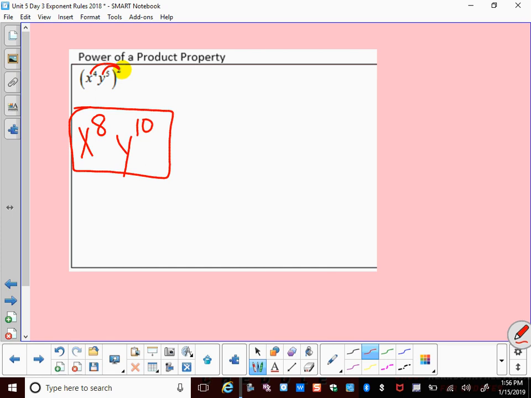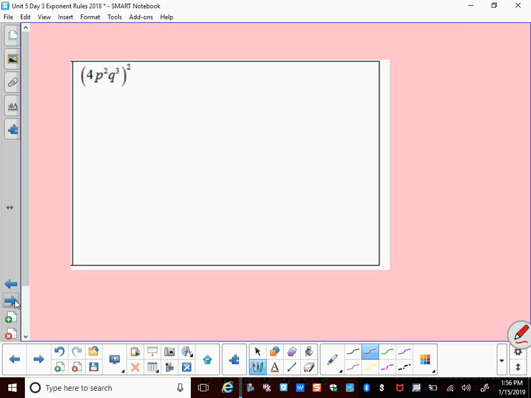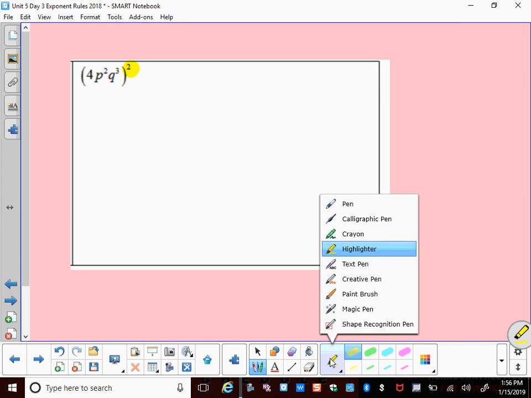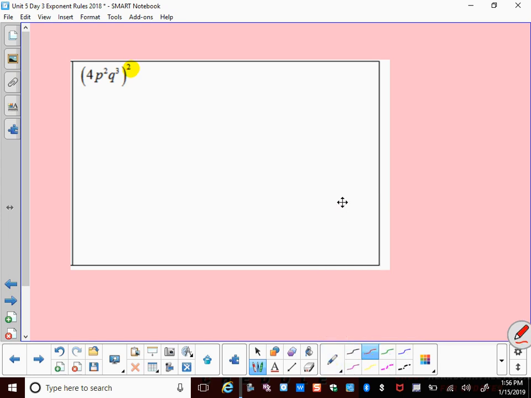All right, let's take a look at the next problem. My exponent is the 2. What all gets an exponent here? 4, p, and q. What's 4 squared? 8?